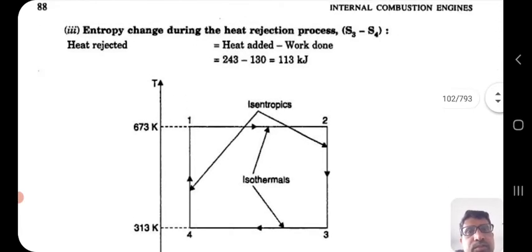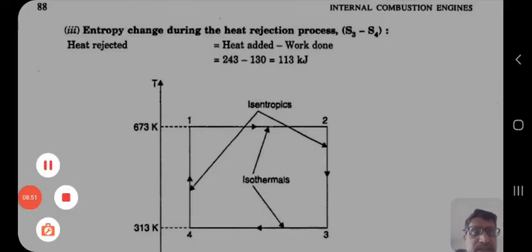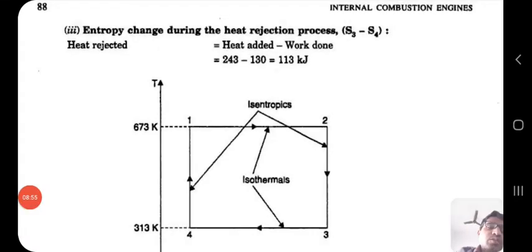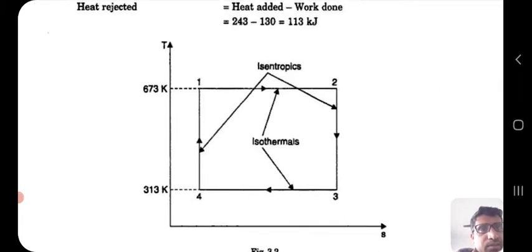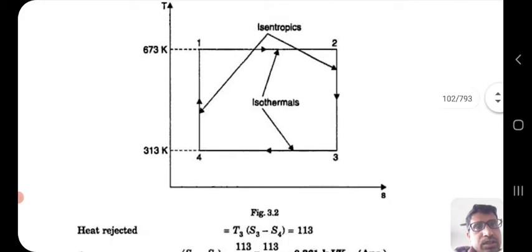Now, entropy change during the heat rejection process: S3 minus S4. The heat rejected is heat added minus work done, 243 minus 130, so that is equal to 113 kilojoule.